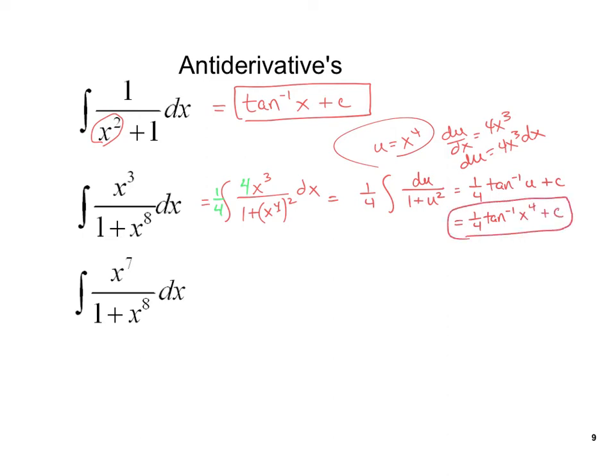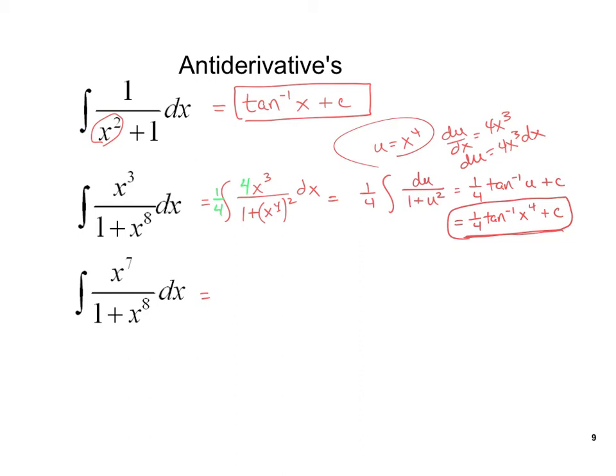Now, you don't have to change it to u's. If you can just look at this and see it, then you can go right to your answer. This is hard for a lot of kids. It's going to take a lot of practice, a lot of work to start to see this. But once you do, it becomes pretty easy. Or it gets easier at least.